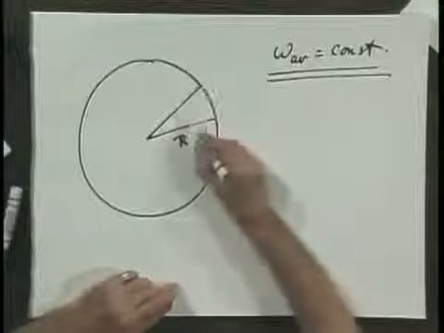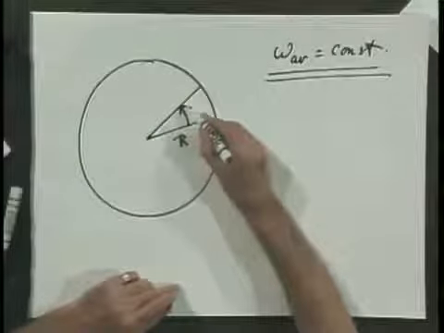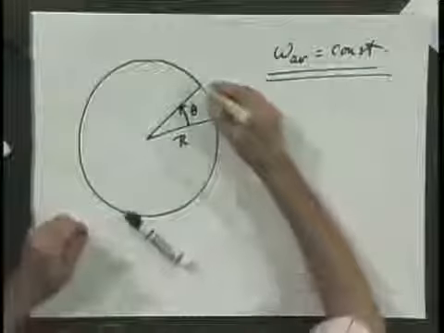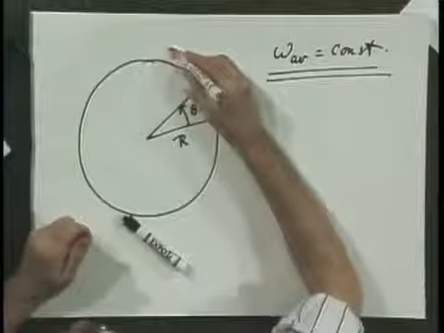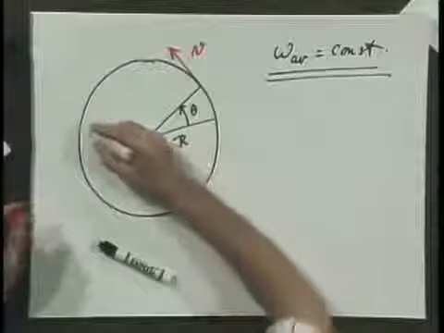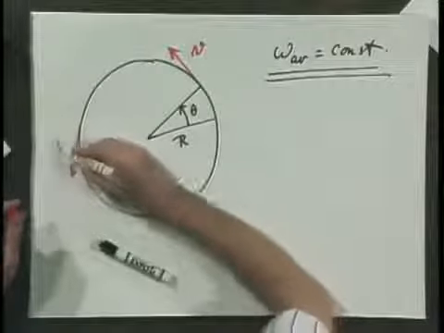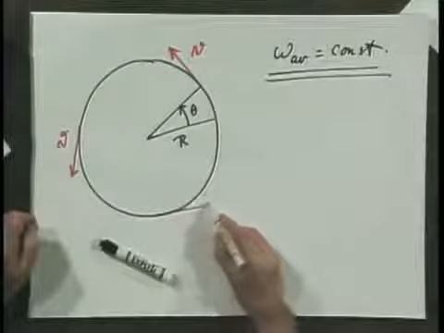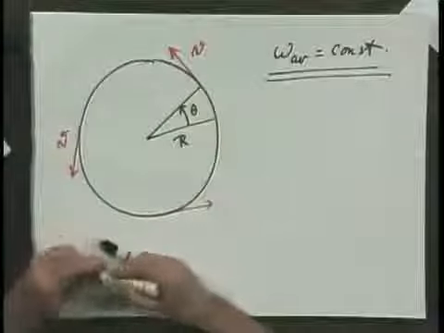Well, I could call this angle increased theta. I would have here a circumferential linear velocity v, which is tangential to the circle. Here the linear velocity in magnitude would be the same, but of course not in direction.